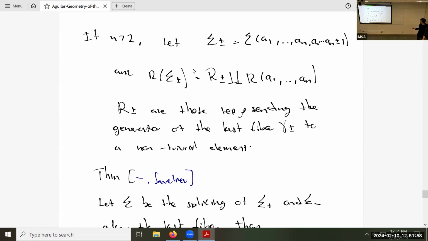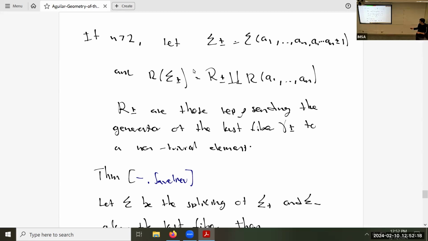So you decompose as the representation variety that sends the last fiber to some non-trivial element, and you separate from those representations that send the last element to some trivial element.